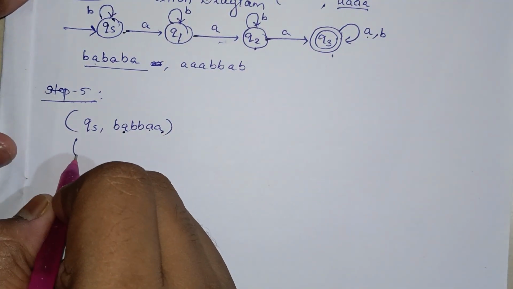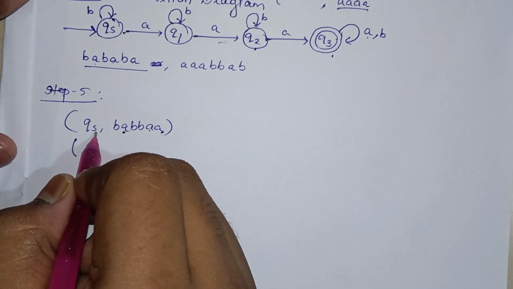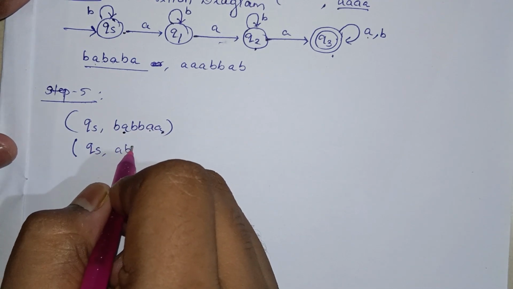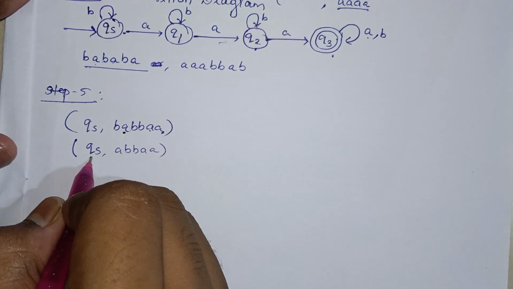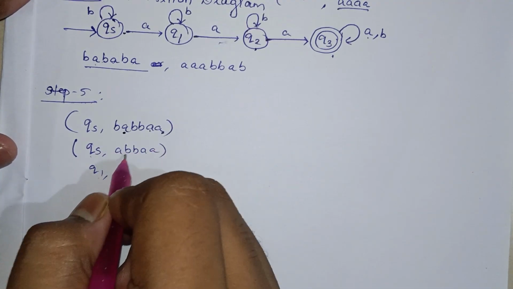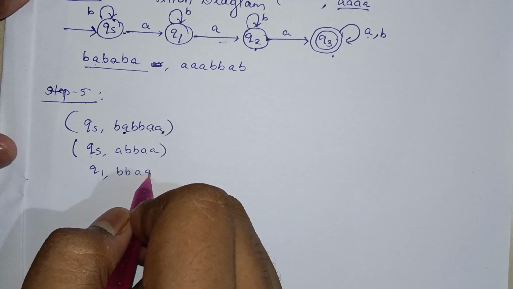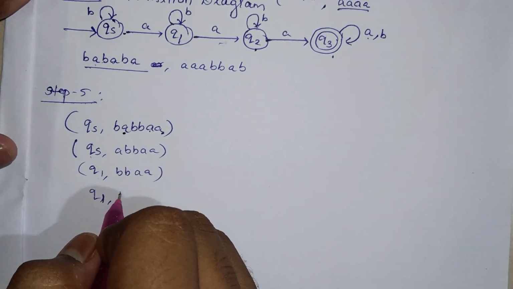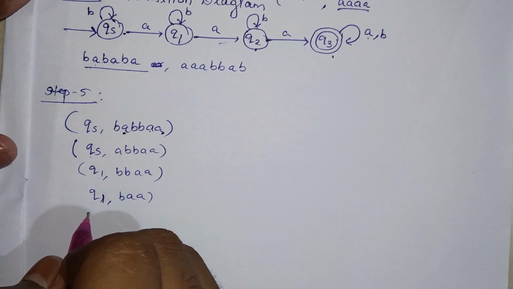So let's start solving. When Qs receives b, it will go to Qs only, a b b a a. When Qs receives a, it goes to Q1, b b a a, and Q1 receives b, the same state, Q1 b a a.